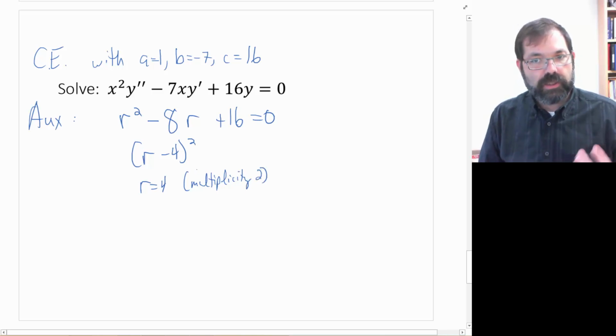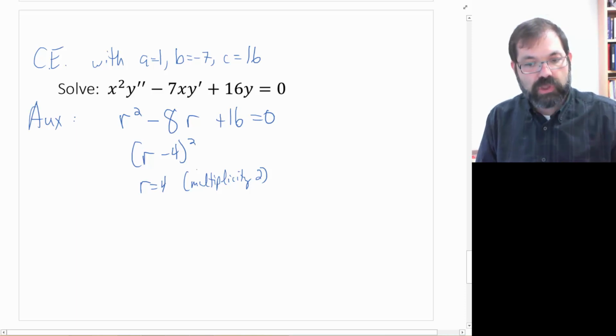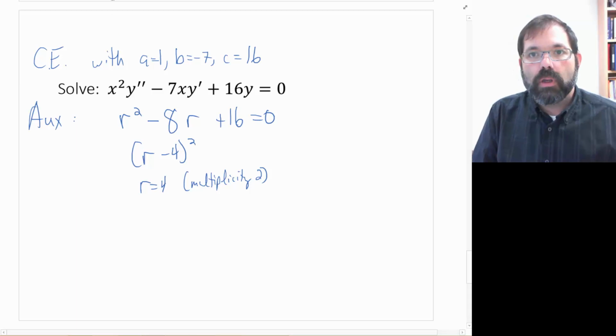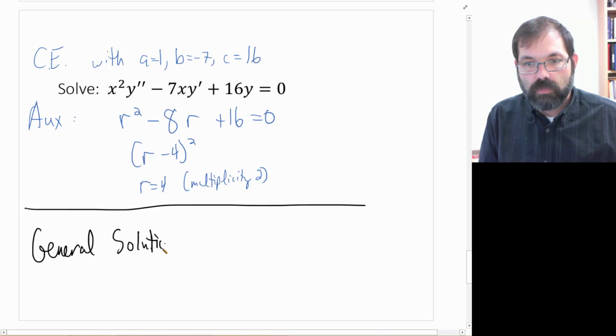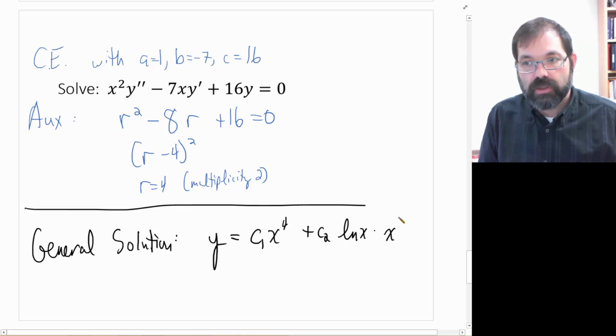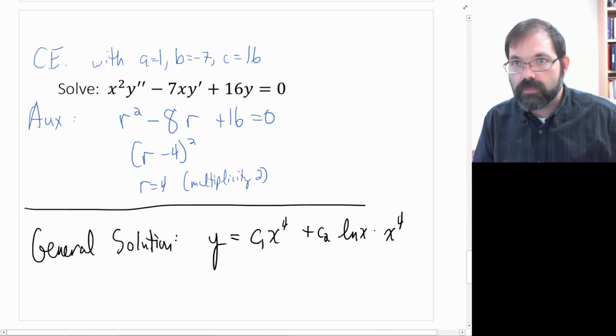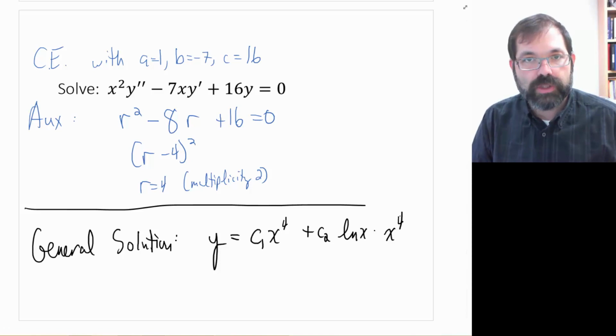So this is that situation where we have the repeated root, and if we apply what we saw in the previous slide, we get the general solution: y is equal to c1 x to the 4th plus c2 natural log x times x to the 4th. All right, so that concludes this section on Cauchy Euler equations.